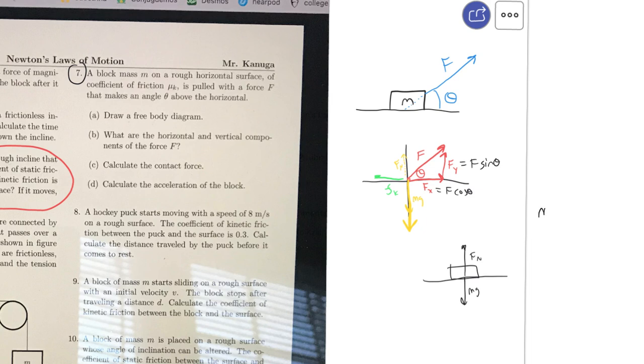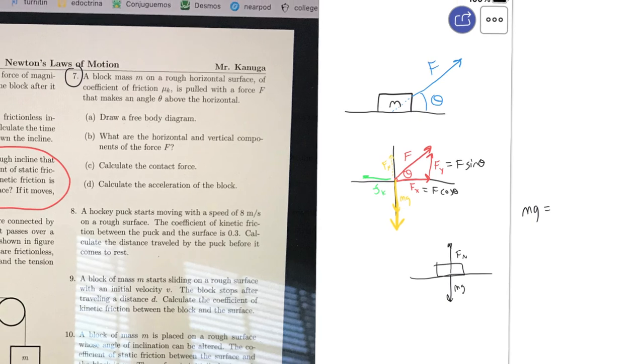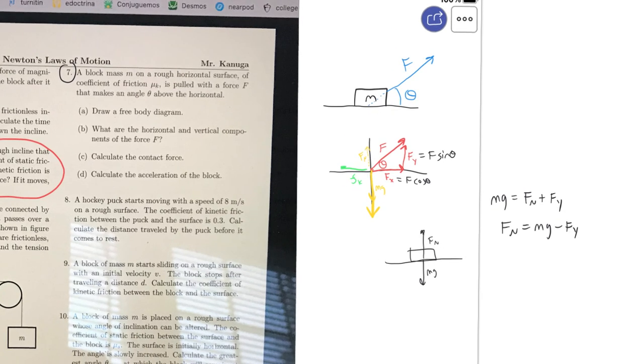So the weight, which is mg, is going to be equal to the sum of F sub n, which really is the contact force, I'm assuming, plus F sub y, and if we solve for the contact force, it would be mg minus F sub y, and the mass is m, so we can call that 9.8 m, minus F sub y.